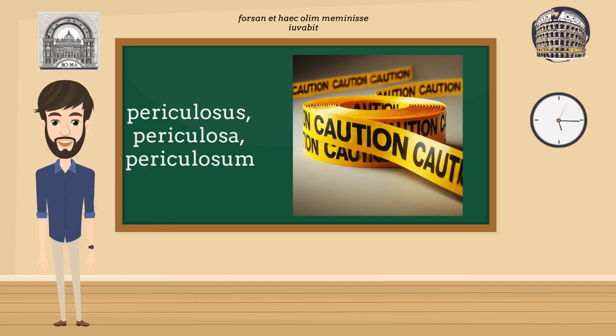And we recognize the different use by recognizing in Latin the different ending set. The -osus in periculosus is really important. It's part of what is going to show us the difference between danger and dangerous.